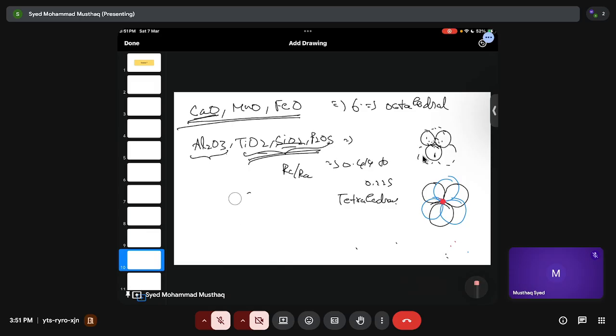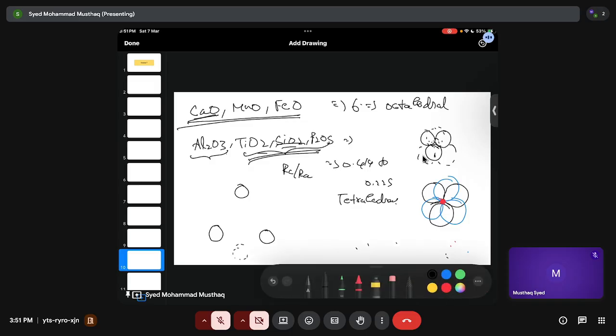Instead, there is one atom, this is another atom, this is another atom, and my silicon will be in red. This is my silicon. So this oxygen will have a bond, this one will have a bond like this, and this one will have a bond like this.